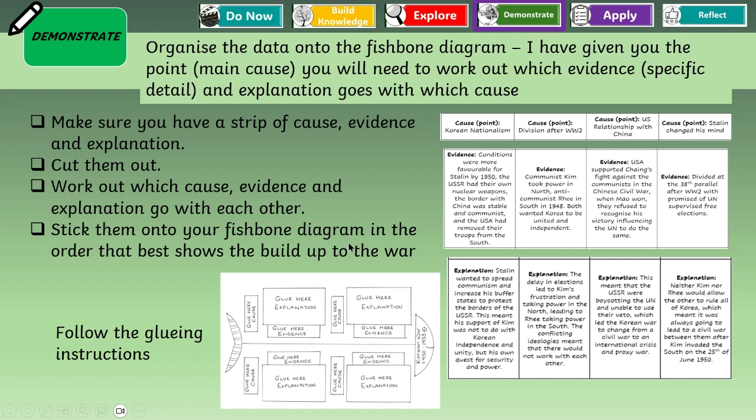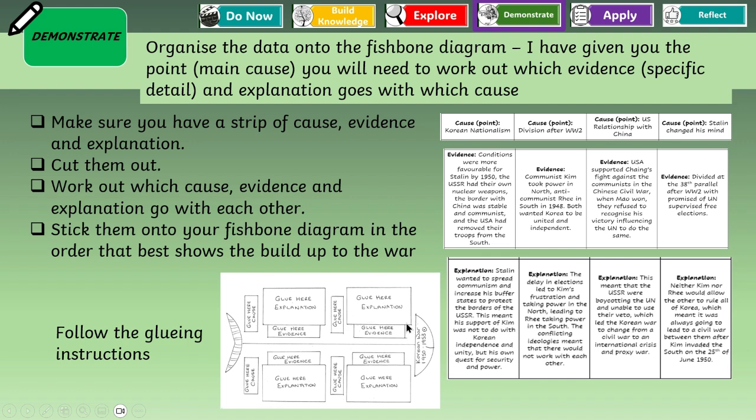Stick them onto your fishbone in the order that best shows the build up to the war. So where this one says explanation and this says explanation, you're going to stick this so it fits in nicely in that area. Work out the order first before we do any sticking. This bit, the cause, will go completely down where it says glue here on the cause. The evidence is the one that's a little bit tricky.